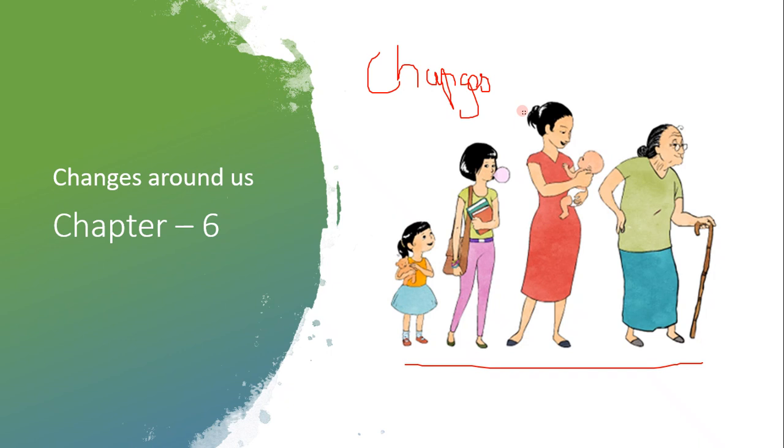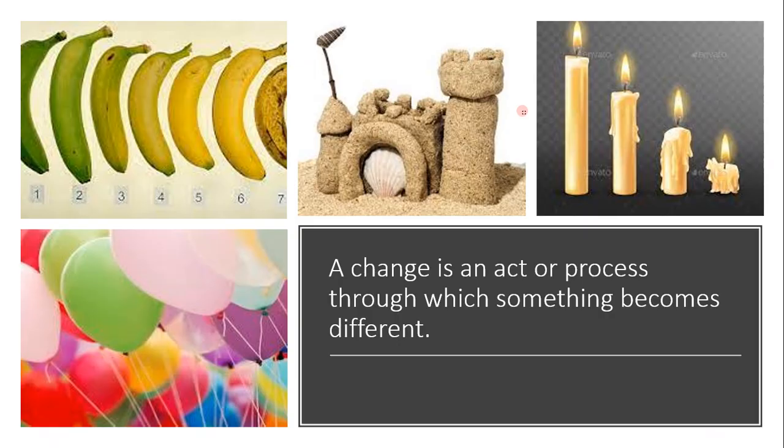Next, we will go to the next page. A change is an act or process through which something becomes different. Even if you are burning a candle, after some time it becomes smaller and smaller, then the wax gets dry and the candle goes off.